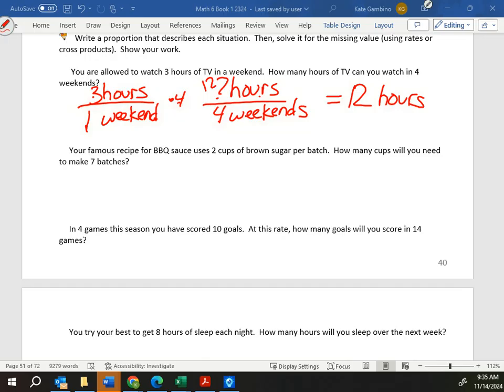Your famous recipe for barbecue sauce uses 2 cups of brown sugar per batch. How many cups will you need to make 7 batches? What do you think our first rate should look like? What should I write, Emma? 2 cups.